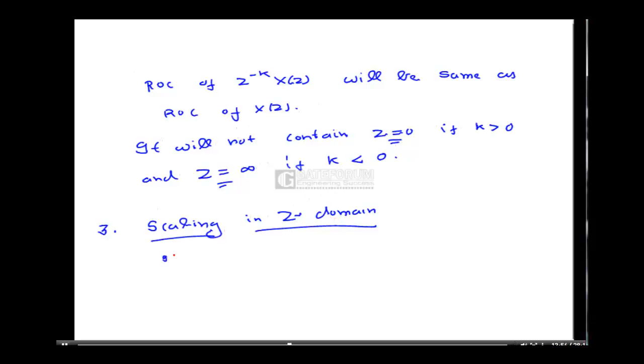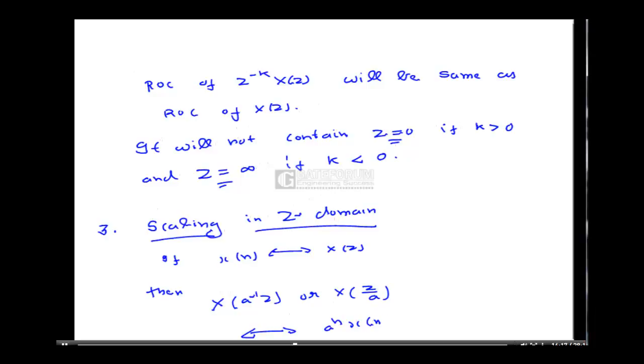That is, if x(n) has Z transform X(z), then X(a inverse z) or X(z by a) will be equal to a to the power n x(n).